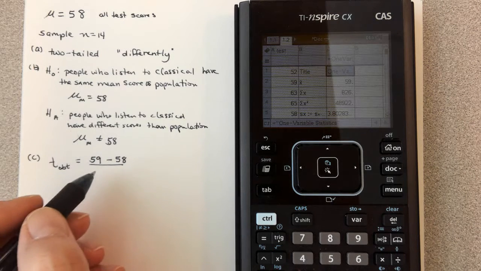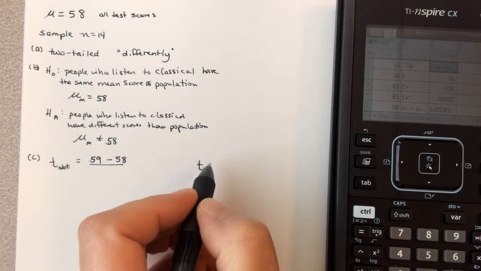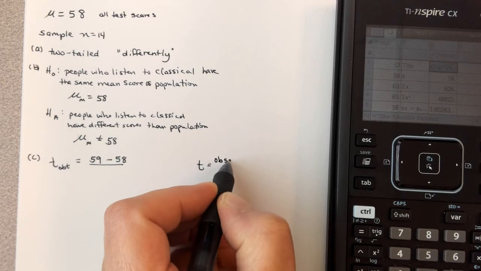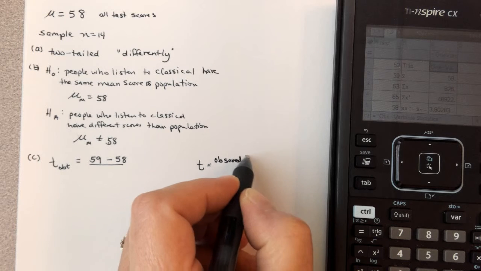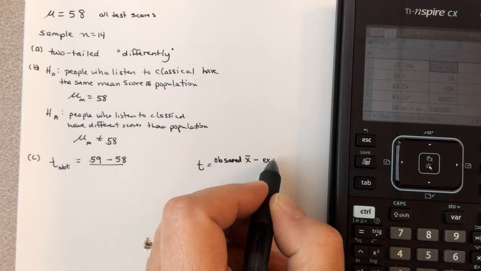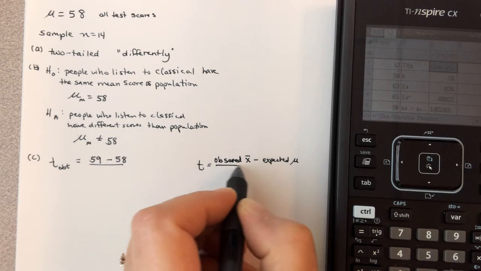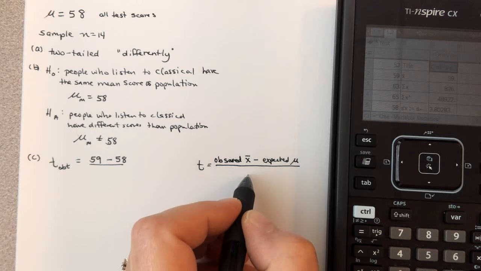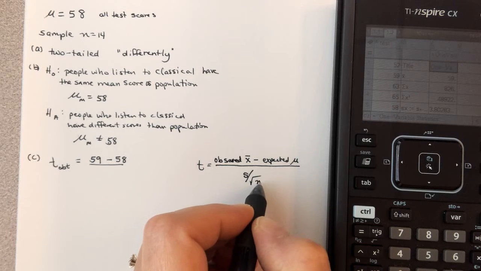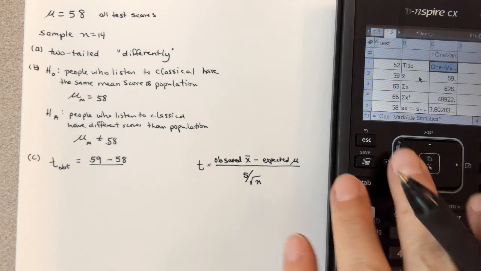T is equal to the observed mean, x bar, minus the expected, which is mu, all over the standard deviation, which is the standard deviation S of your sample divided by square root of n, which is your sample size. S, the calculator gives us.